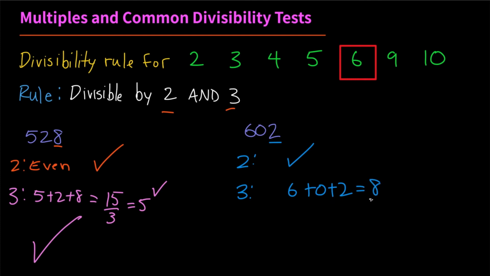Now we want to check if 8 is divisible by 3, if this can be divided evenly. This cannot be divided evenly by 3, and if we double check, 3 goes into 8 2 times, and it has a remainder of 2. Because of this remainder, it is not divisible evenly by 3. That means 602 is not a multiple of 6.